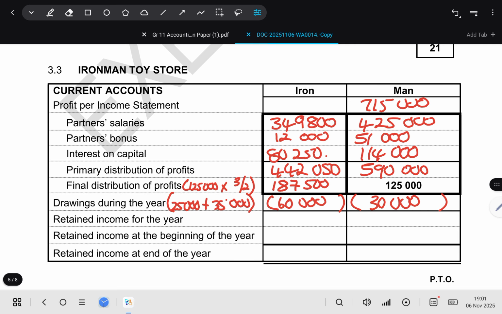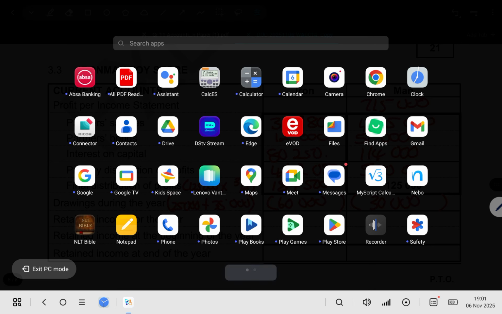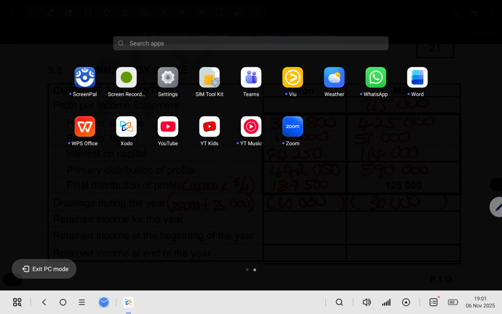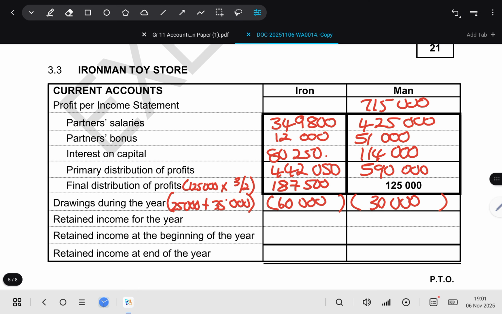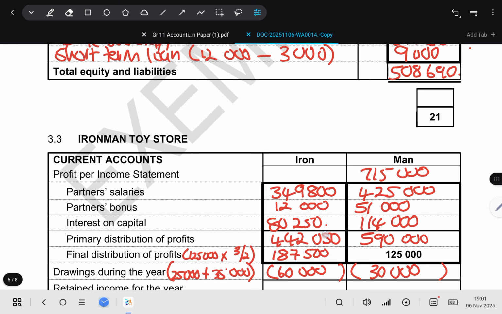So now let's get the final distribution for this guy. So it will be 442,050, and then we say plus 187,500. It will give us our profit per income statement of 629,550.